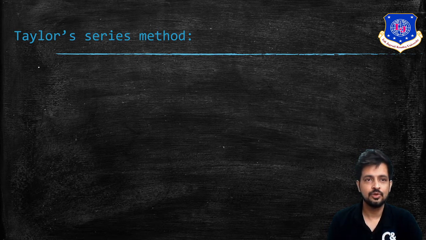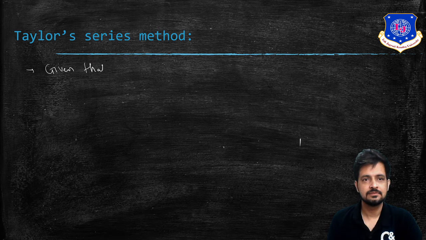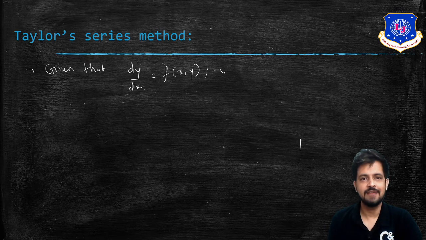See, as I told you, given that dy by dx is equal to f of x comma y, the IVP will be given, so y of x0 is equal to y0 is given.